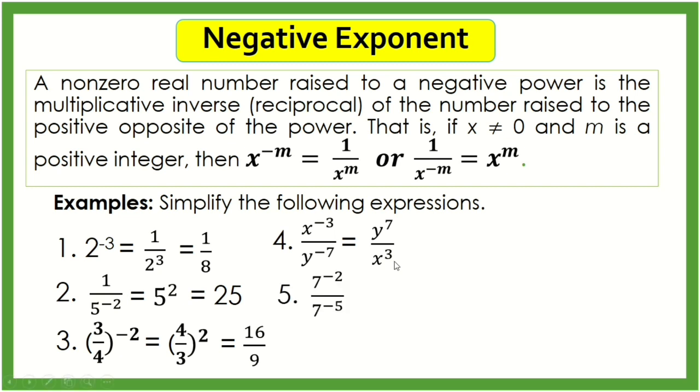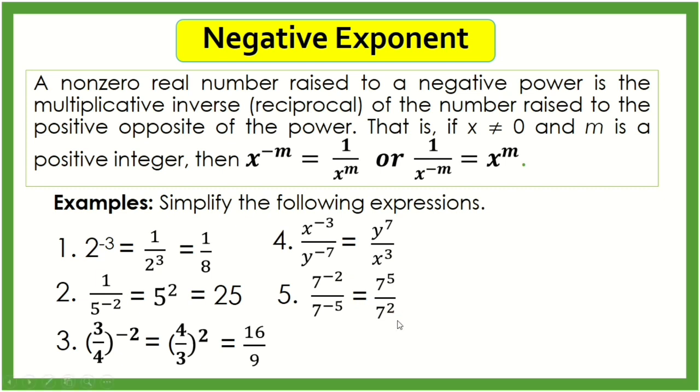Number 5, 7 raised to negative 2 over 7 raised to negative 5. Okay, apply natin yung nandito sa 4. Okay, so we have 7 raised to 5. So, ito yung nandito sa denominator. So, nandito na siya sa numerator. And then, 7 raised to negative 2, magiging 7 squared na siya dito sa denominator.